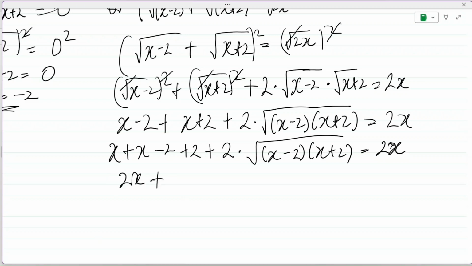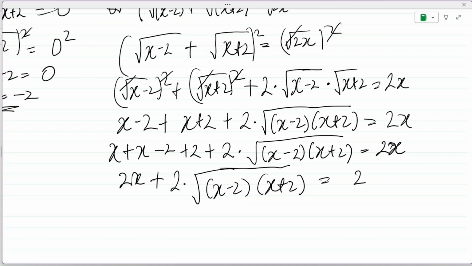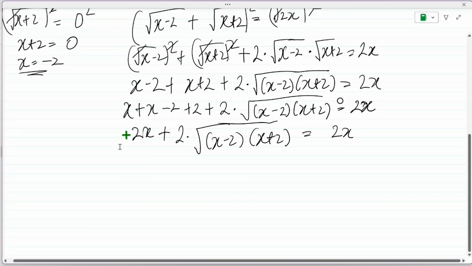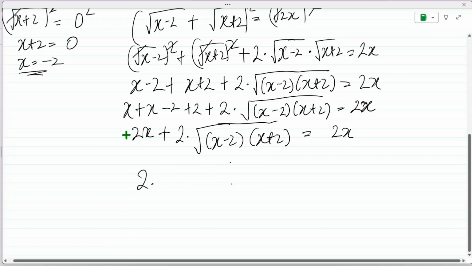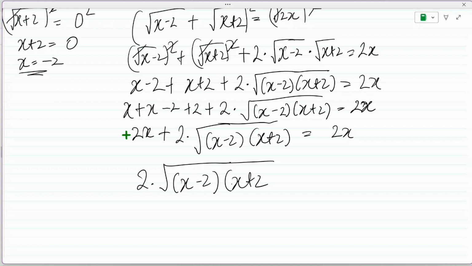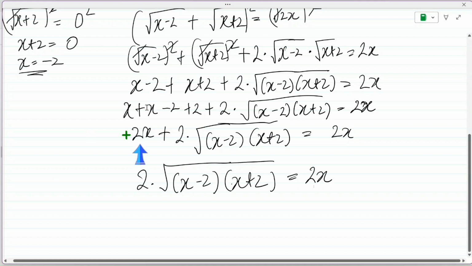You'll be left with 2 times square root of (x minus 2)(x plus 2) equals 2x. We take this plus 2x to the other side. It's the easiest step to take. The plus 2x crosses and becomes minus 2x.